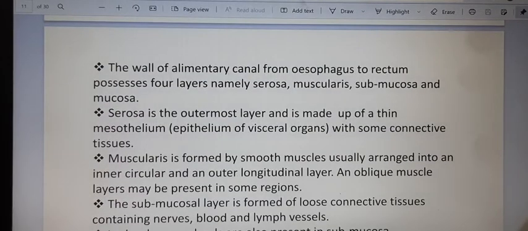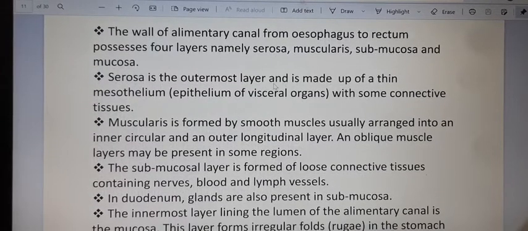Then the wall of alimentary canal from esophagus to rectum possesses four layers, namely serosa, muscularis, submucosa, and mucosa. So from outside to inside, these walls are named outer serosa, then below this muscularis, below this submucosa, and the innermost is mucosa.